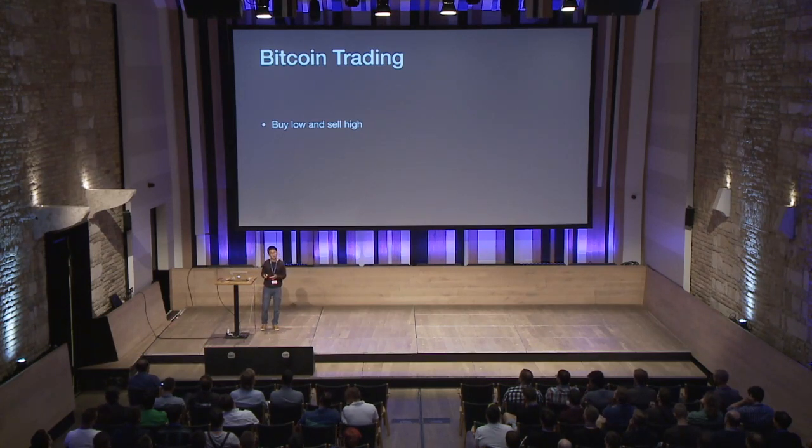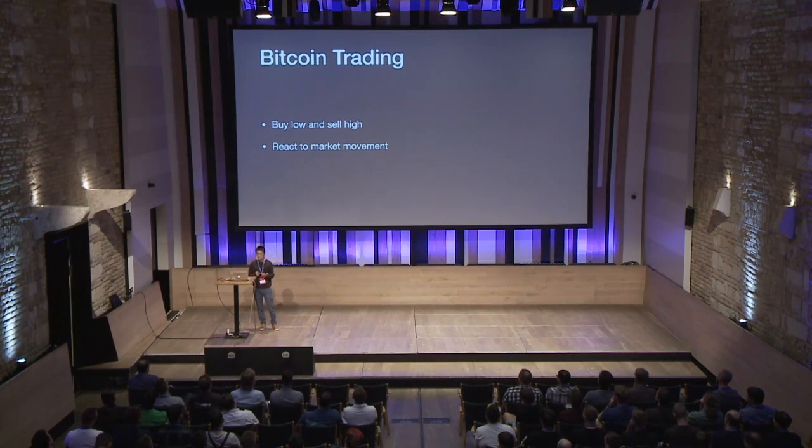To make such a decision, you need to gather as much information as possible, including the market movement and the real-time price. Last week, Bitcoin was down 10% in just an hour because Bitcoin is so volatile. As Bitcoin traders, we need to get the real-time price.